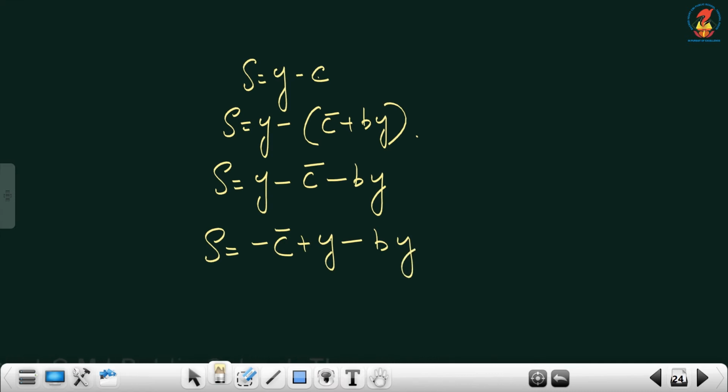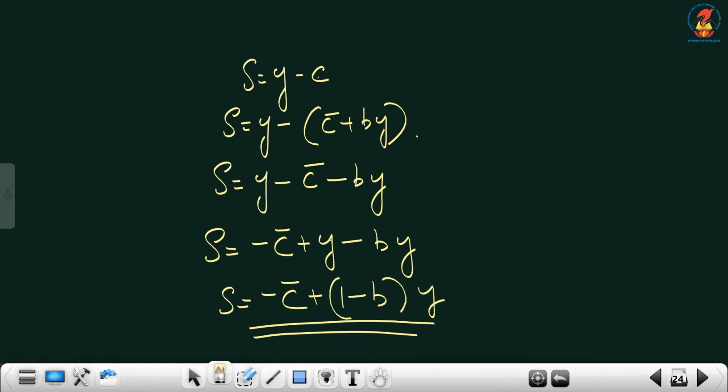Now you can find Y is common, you can take it outside the bracket. Therefore the equation comes as minus C bar plus 1 minus B into Y. This is the saving equation, and that is going to be our fifth equation: S is equal to minus C bar plus 1 minus B into Y.